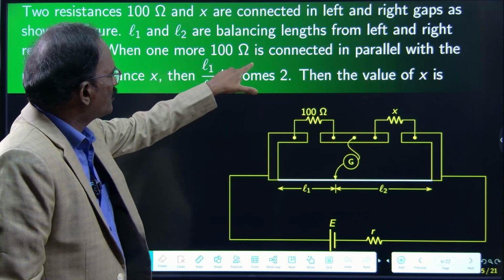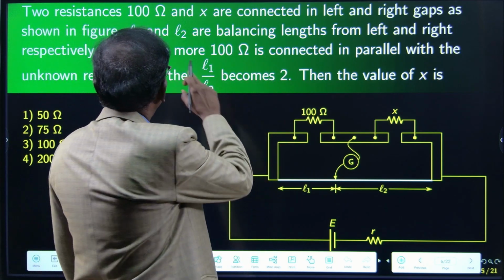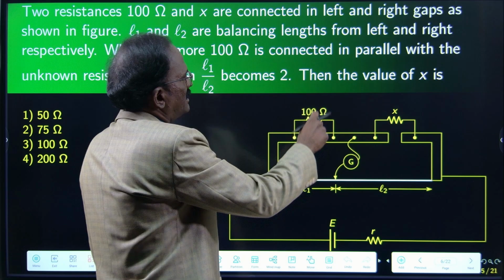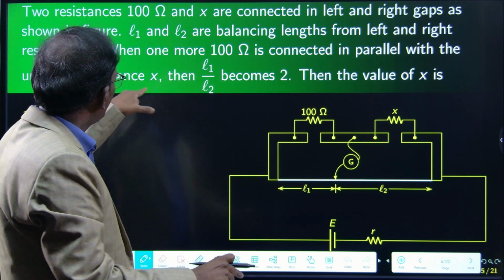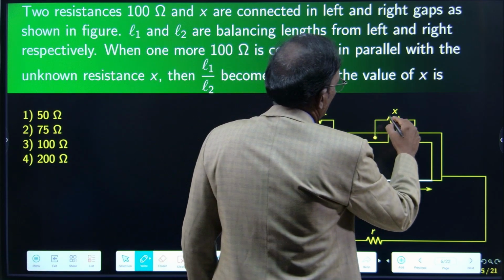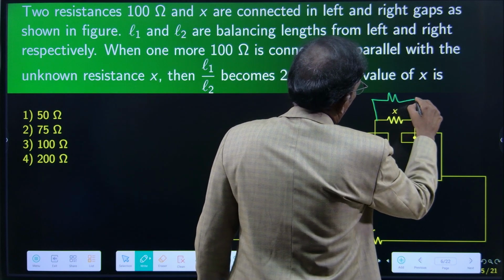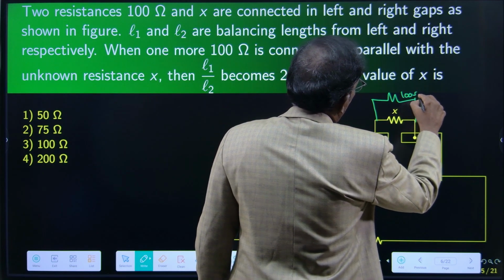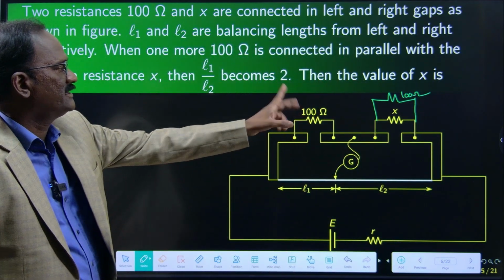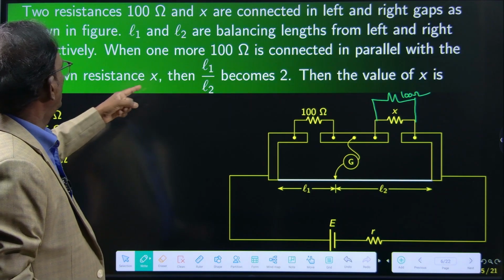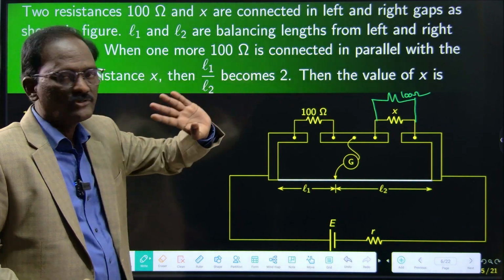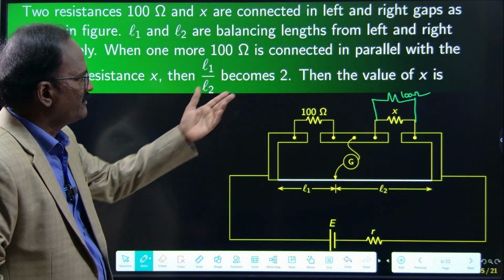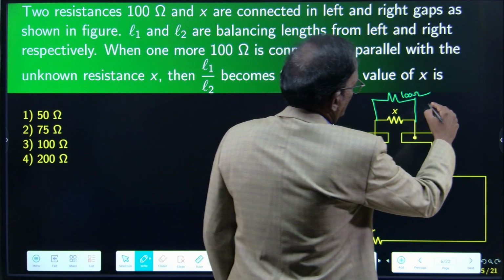When one more 100 ohm is connected in parallel with the unknown resistance X, then L1 by L2 becomes 2. Then what is the value of X?